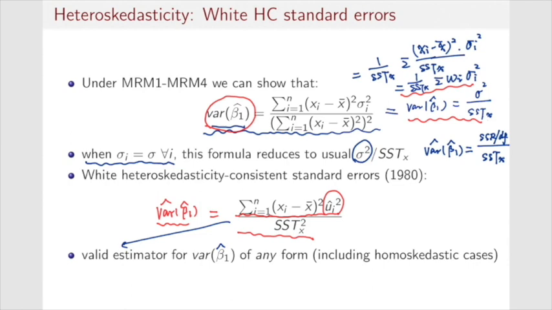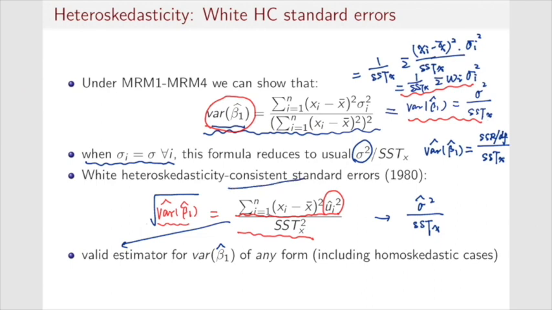It's just that when the error term is homoscedastic, the variance will degenerate to sigma hat square divided by the SSTX. The square root of this estimate is called the heteroscedasticity robust standard error, or simply robust standard error.